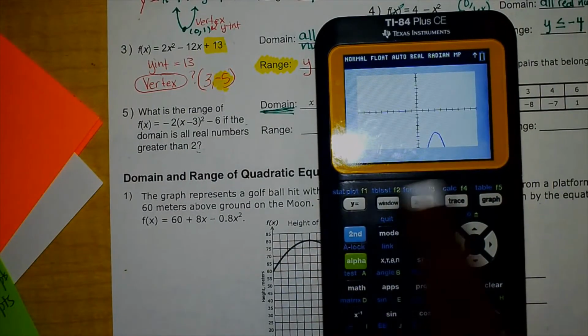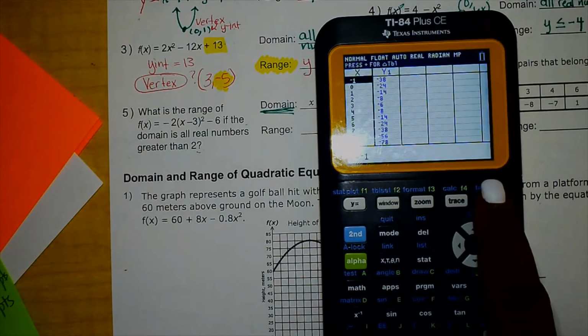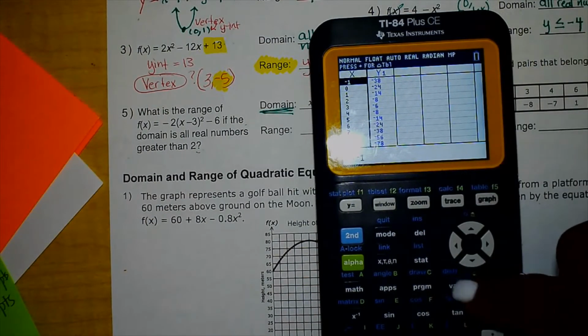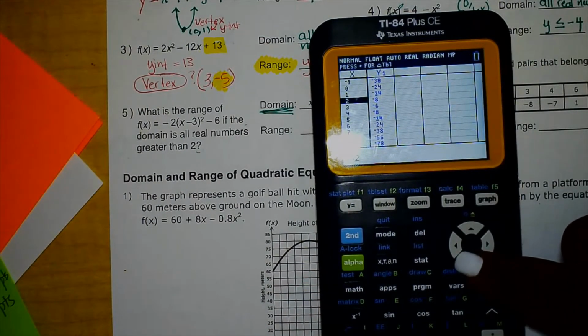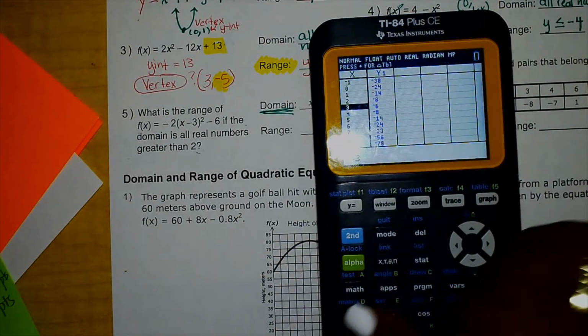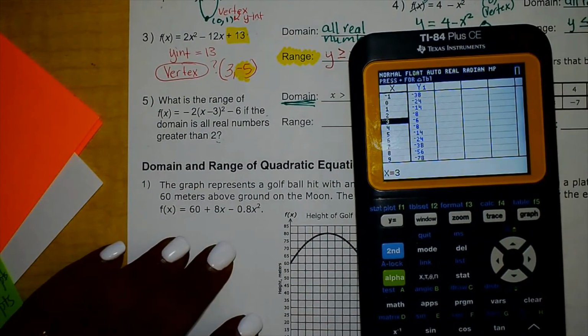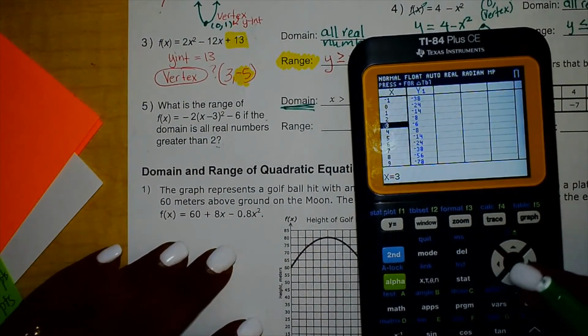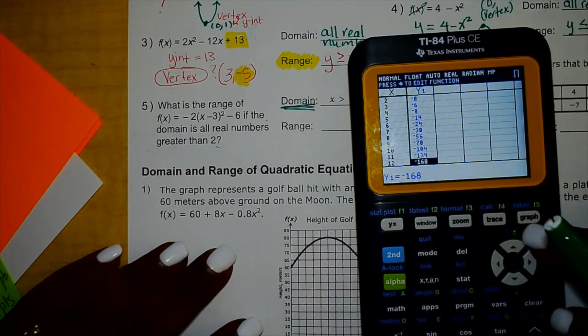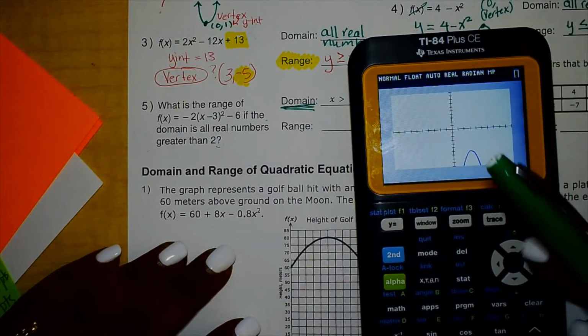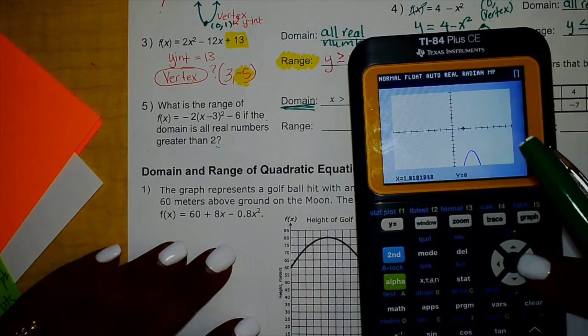So we want to go to the table, and it wants all values greater than 2. So all values greater than 2 is going to start at 3. Let me pause this for a minute. So all x values greater than 2, what are the range values? They go -6, -8, and keep going on and on.